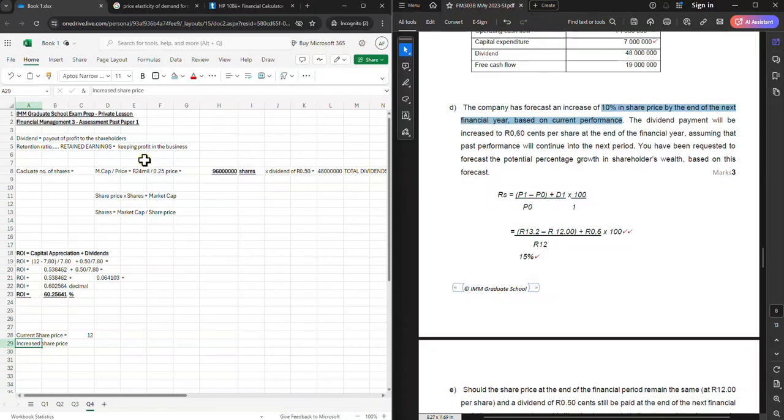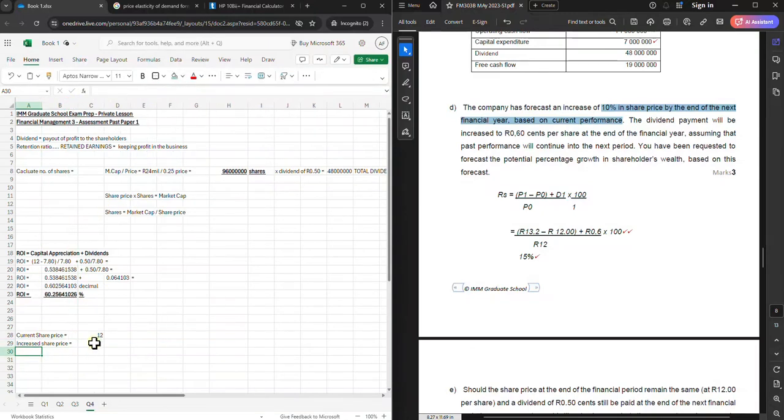The current share price and the increased share price. How much is the increase? 10%. So this times 1.10 is 13.2. There's the new price.